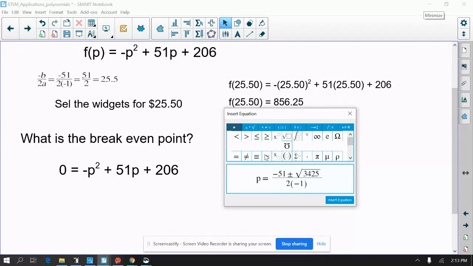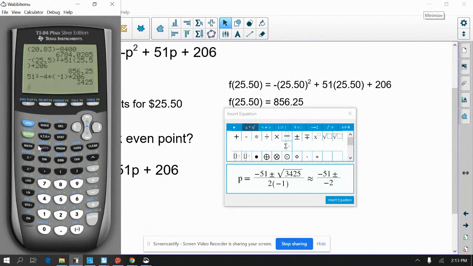So that equals negative 51 plus or minus the square root of 3,425. The square root of 3,425 is about 58.523.